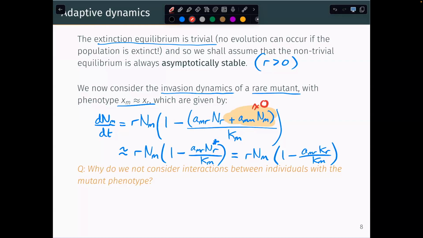Okay, how about this difference here? I've gone from NR to NR star, where NR star is our carrying capacity for our resident population. Why am I assuming essentially that there's no change in NR? It's a very similar reason to what we just discussed. These are my initial invasion dynamics. So this isn't true forever. This is just true for early stages when my mutant is relatively rare.